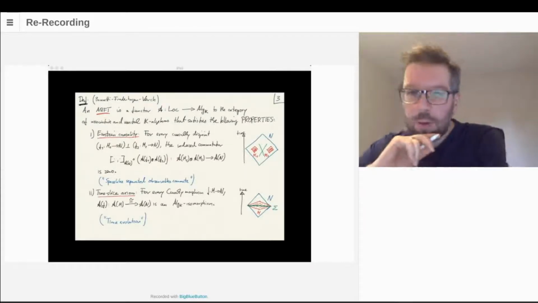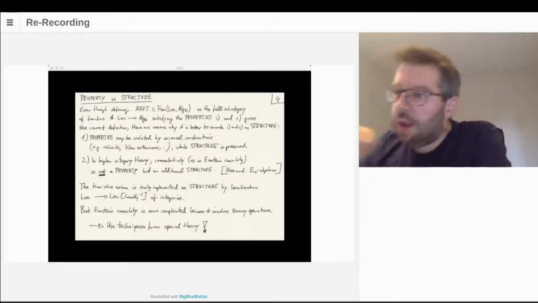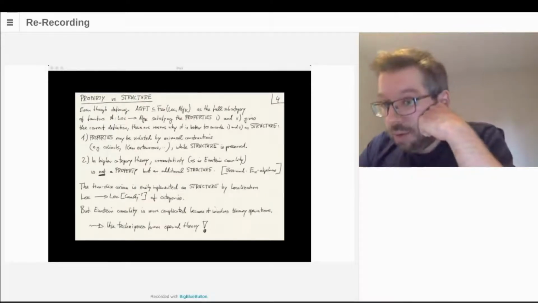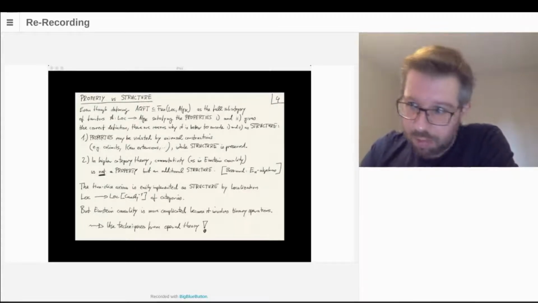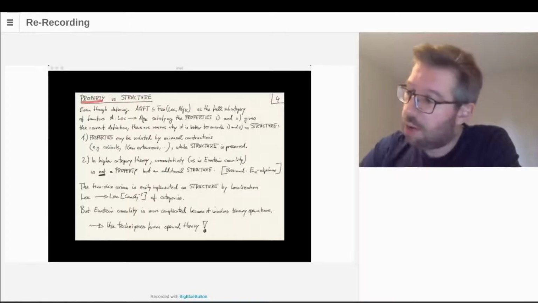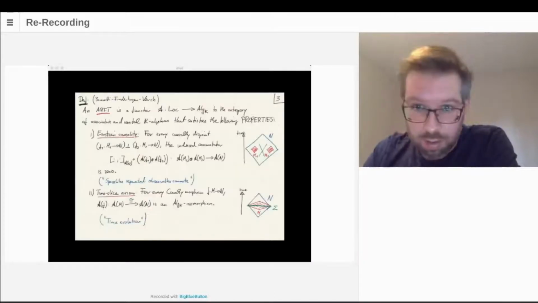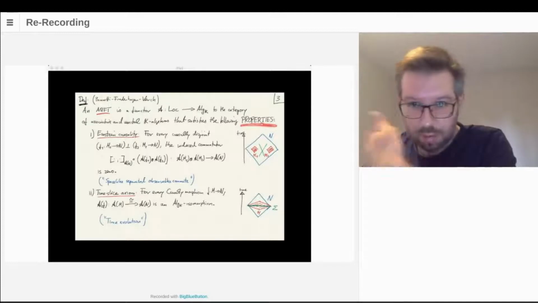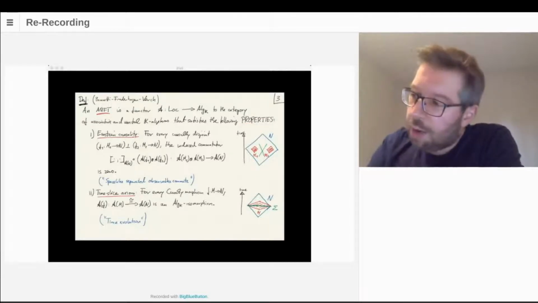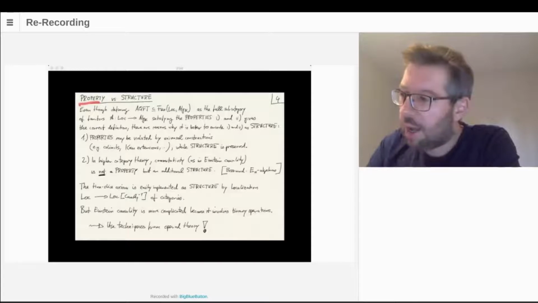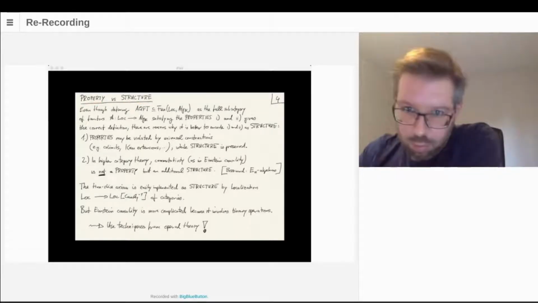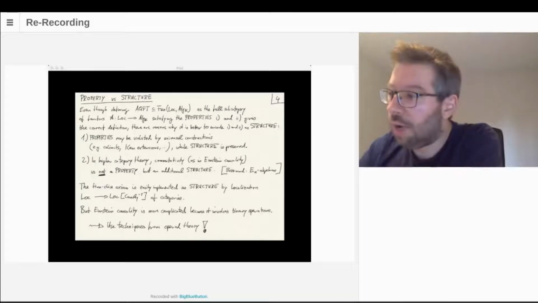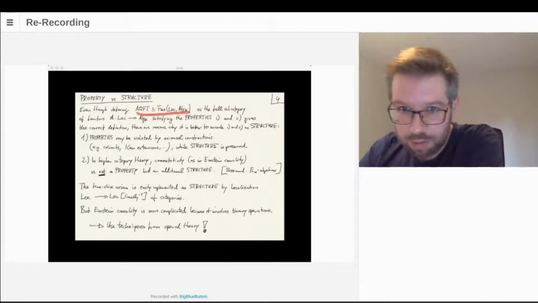Let me add a few comments on this definition. With these comments, I would like to emphasize the difference between property and structure. Here I emphasized properties, and an AQFT is a functor satisfying a list of properties. Using the previous definition, you can define a category of AQFTs as a certain full subcategory of the functor category.